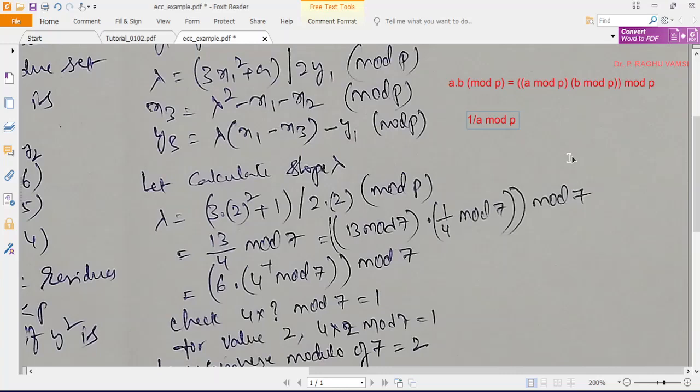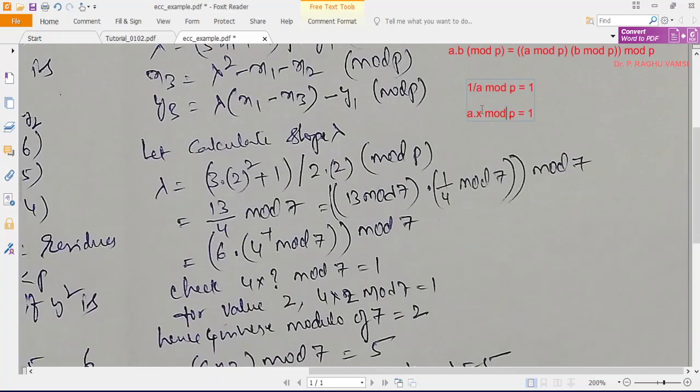So for which value of x does this relation become 1, that we need to identify. That means 4 into x, for which value of x, if you perform modulo with 7, will the value become 1. So the modular inverse of 4 with 7 is equal to 2.